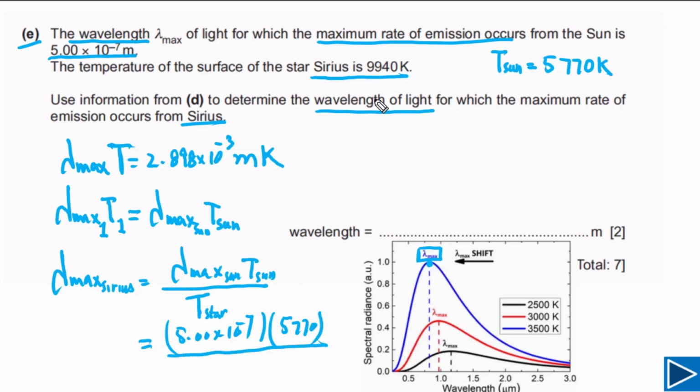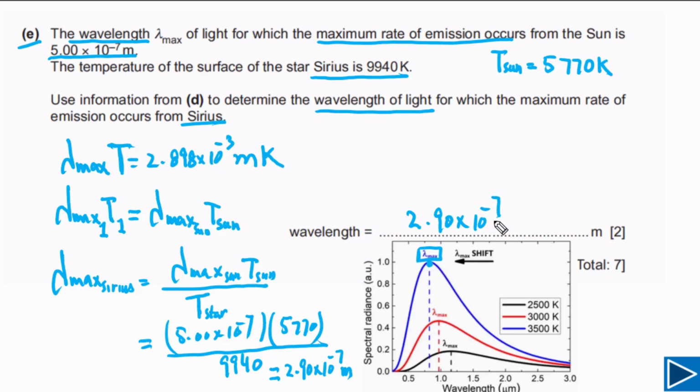We divide by the surface temperature of the star, that is 9940, and we can find our final answer. Our final answer in this case will be 2.90 times 10 to negative 7 meter, to 3 SF.